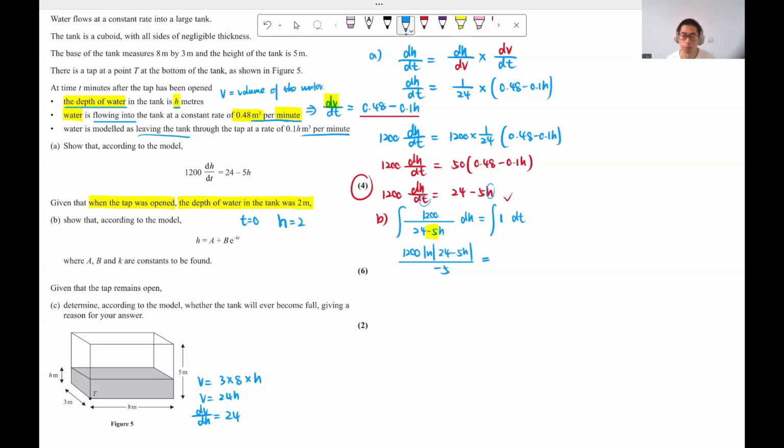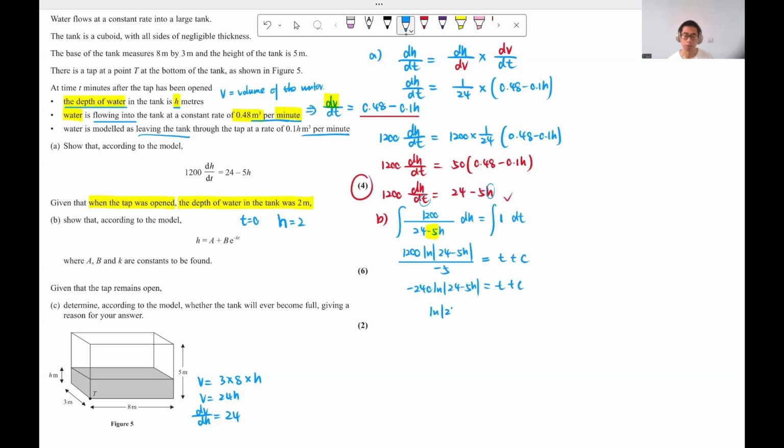And 1 will integrate to t plus c. So 1200 divided by negative 5 simplifies to negative 240, and then ln of 24 minus 5h equal to t plus c.